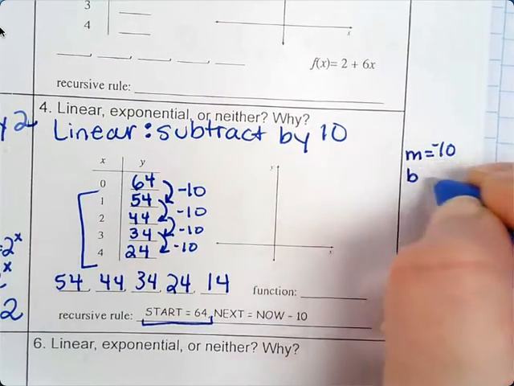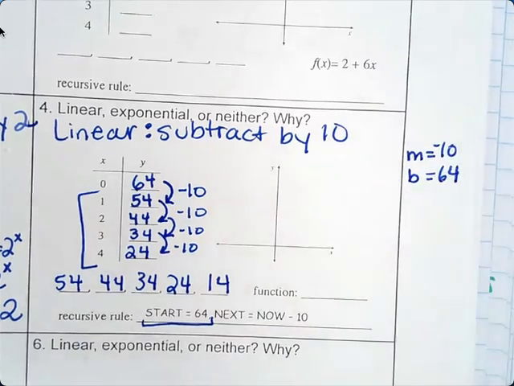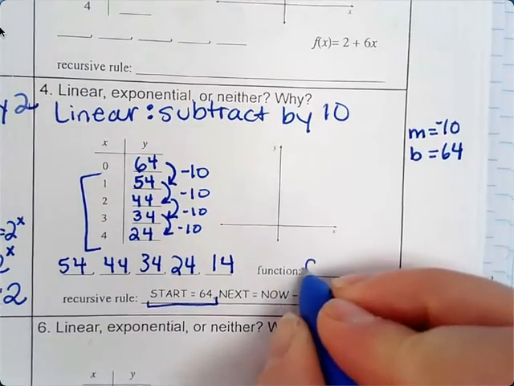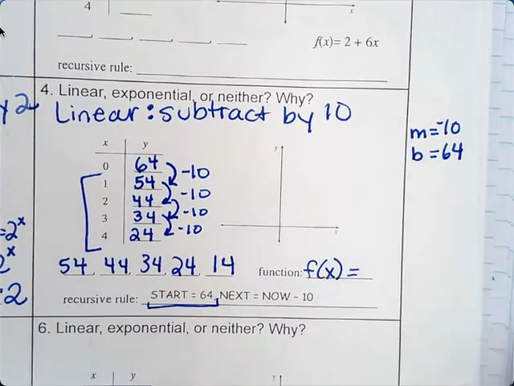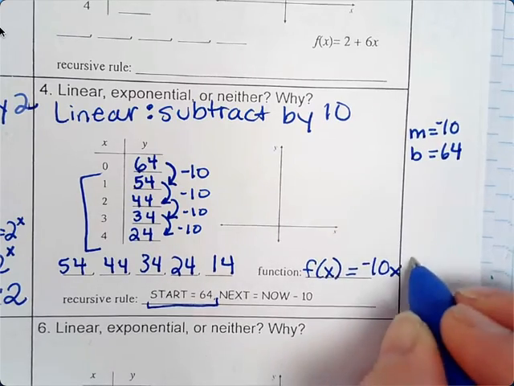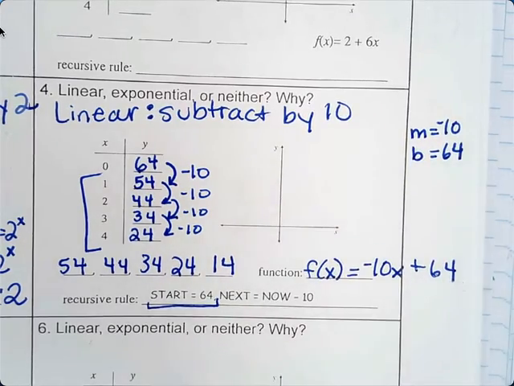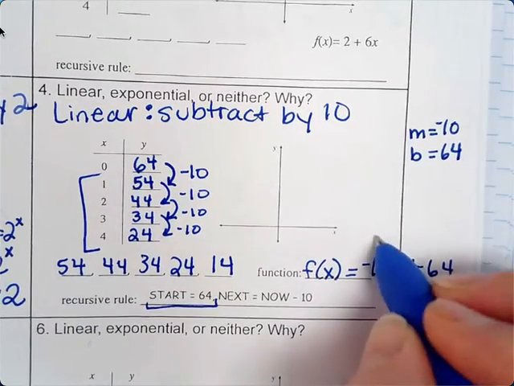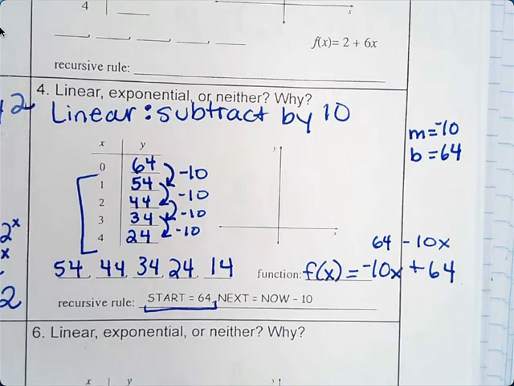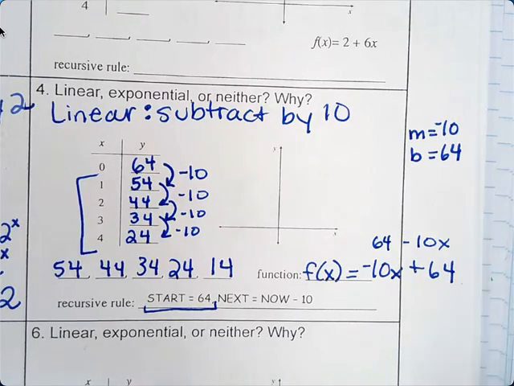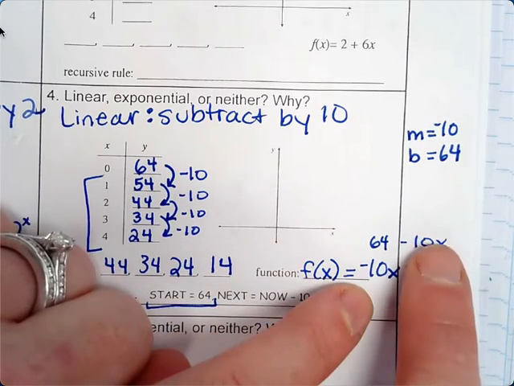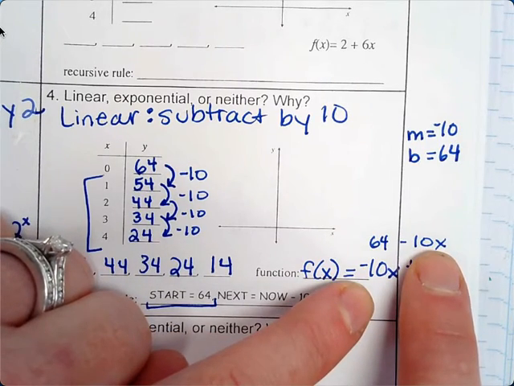And what is our b value? 64. So f of x equals negative 10x plus 64. Or you could do the opposite: 64 minus 10x. Either way is right. Just make sure that if you have positive 64 on both, you have a negative 10 on both of them.